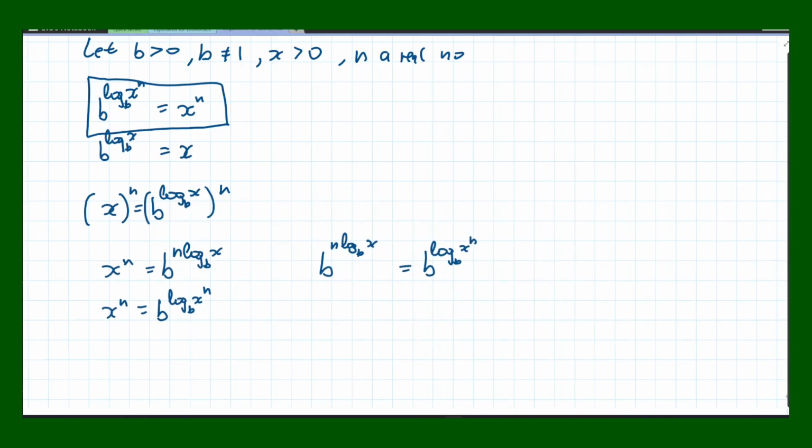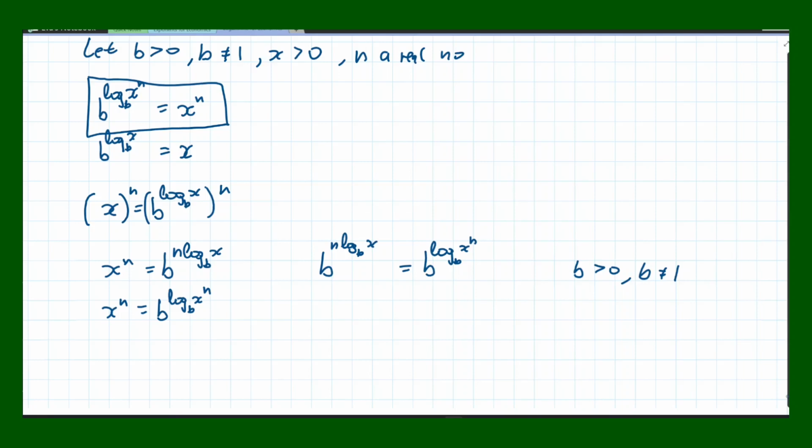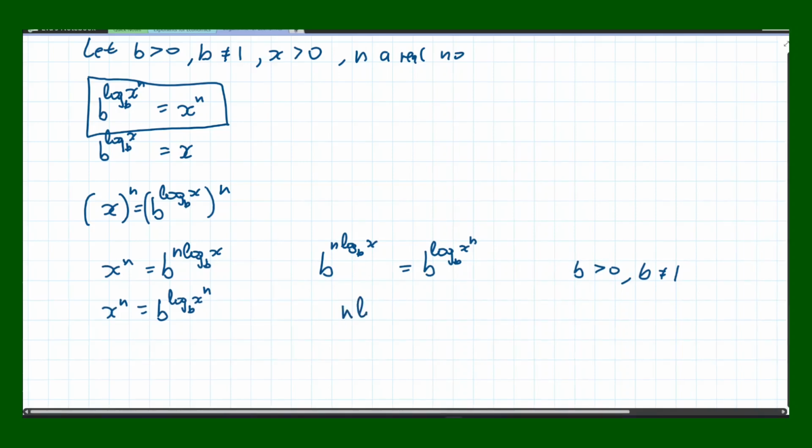And again, due to the properties of the exponent function, when we know that b is bigger than 0 and b is not equal to 1, so basically it being monotone and continuous, which I understand are concepts we haven't discussed in detail, but we will do so in further videos, we can now conclude that if the bases are equal, then the exponents themselves have to be also equal. So that's going to give us n times log base b of x equals log base b of x to the n.